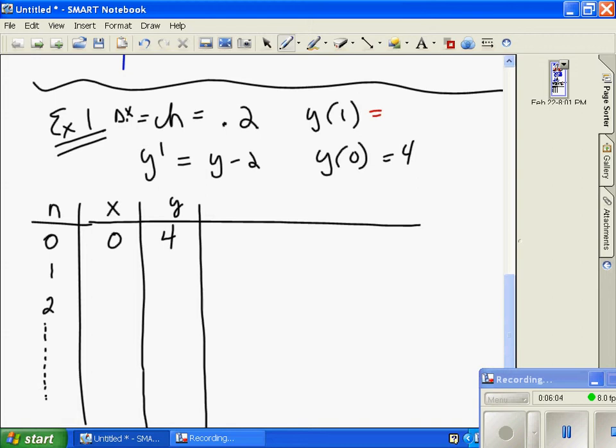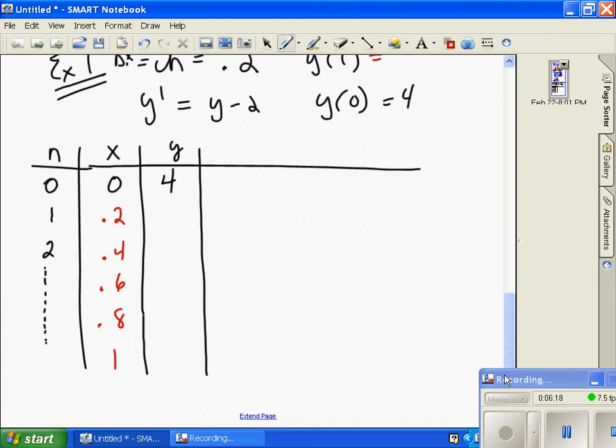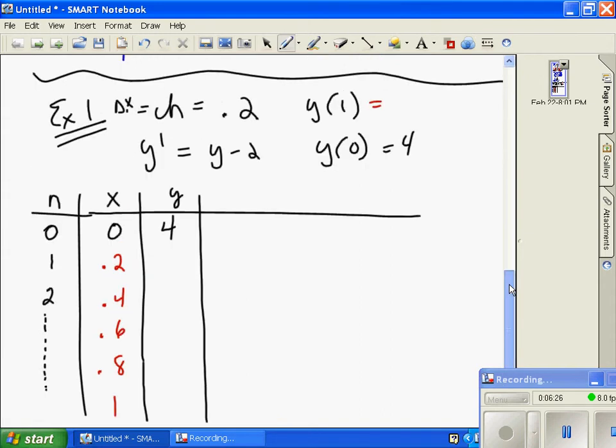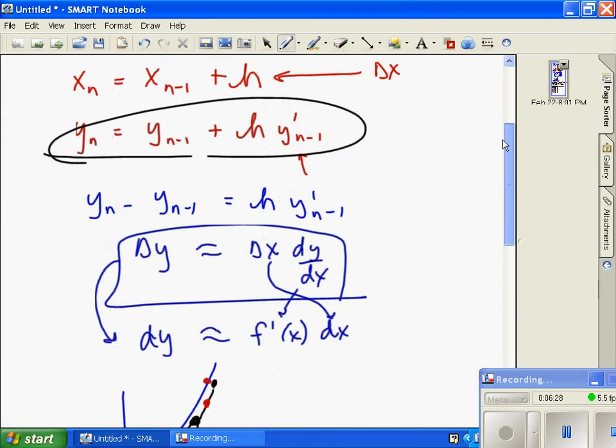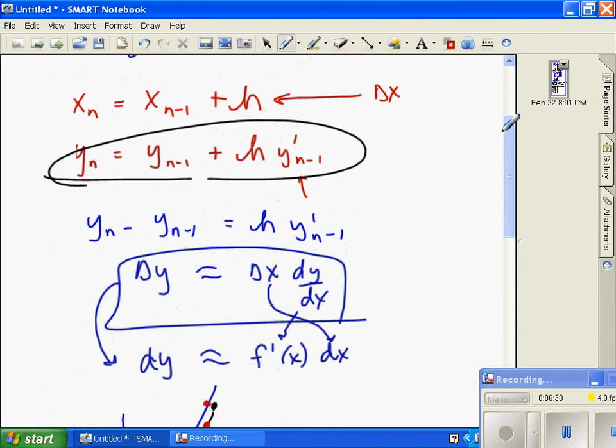So basically I'm going to go through my chart here and add 0.2 each time. So I have 0, then 0.2, then 0.4, then 0.6, 0.8, and then 1. I just add my delta x, or my h, every time to my x value. Now my y's, this is where we have to work on this. Now you have a choice. If you want, you can read the textbook, or I can even show you when I get back, and use that method.